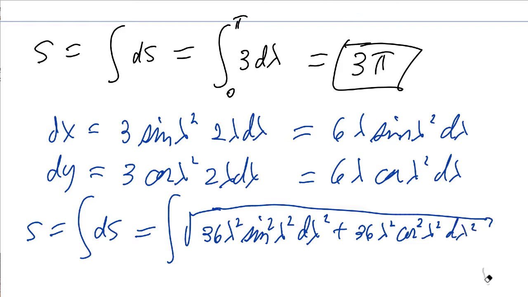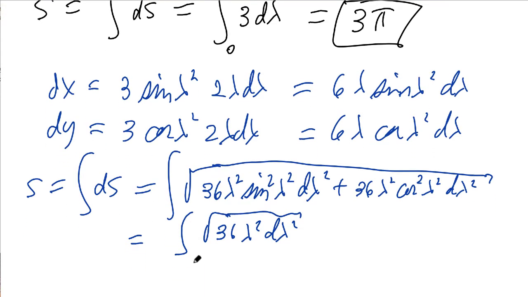Okay, and now you see we have a common factor of 36 lambda squared times d lambda squared in both of these terms. We have sine squared of something plus cosine squared of something is equal to 1. So this is the integral of square root of 36 lambda squared d lambda squared. And by the way, the range, remember, is from 0 to square root of pi.